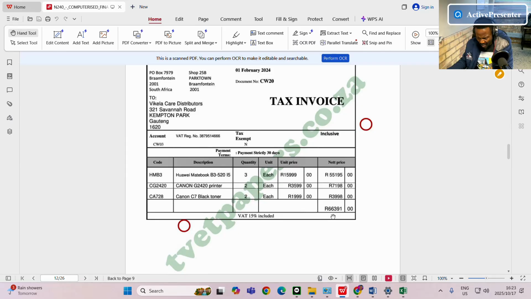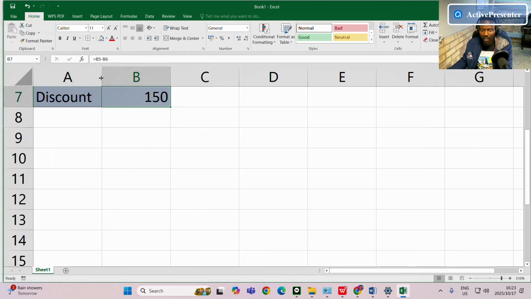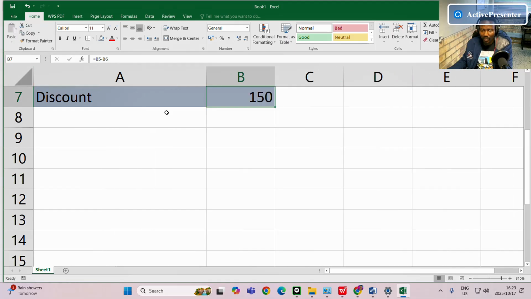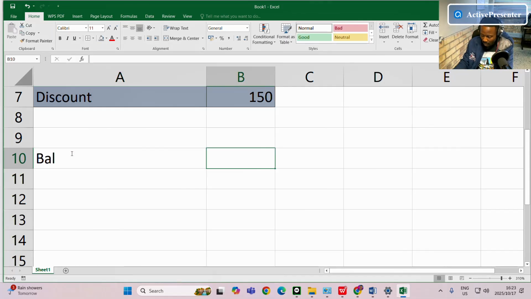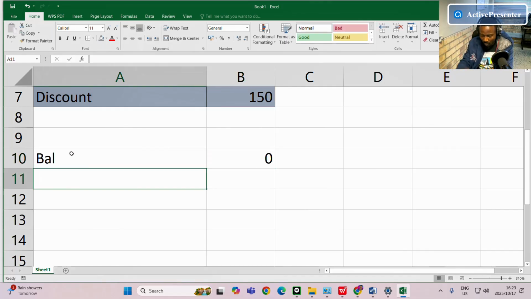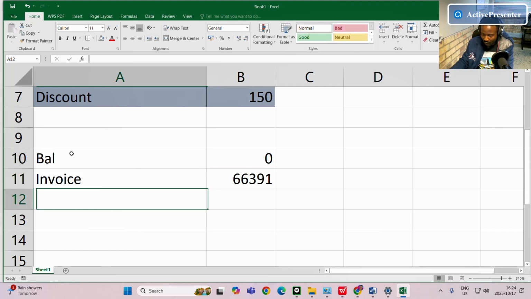So the amount is 66,391. Okay. So the balance is zero because I'm settling an account. I have to start with the opening balance. Then the invoice is 66,391 if I'm not mistaken.